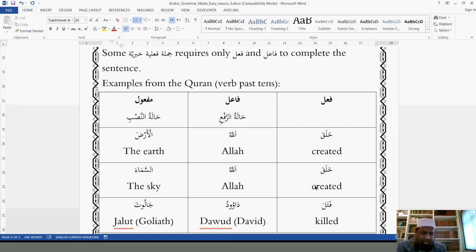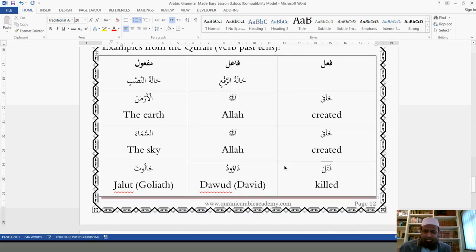Jaluta, the fatha at the end tells us it is halatul nasb. Qatala, killed. Dawood or David. Jaluta, Jalut or Goliath. Dawood killed Jalut. Complete sentence.